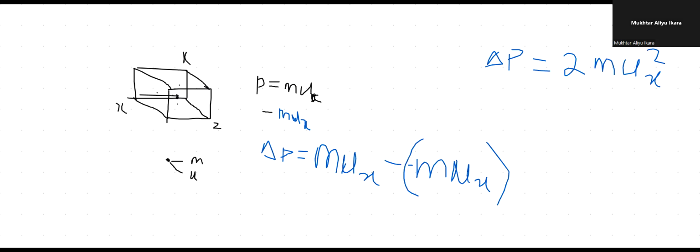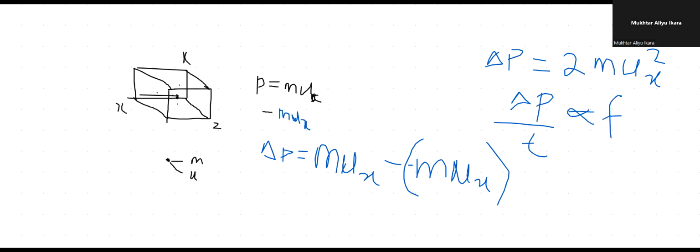And at the same time, remember that there is a law that says the rate of change of momentum is directly proportional to the force applied. So if we set the rate of change of momentum, rate meaning over t, then delta p all over t is directly proportional to F. And whenever we have proportionality, we introduce a constant.